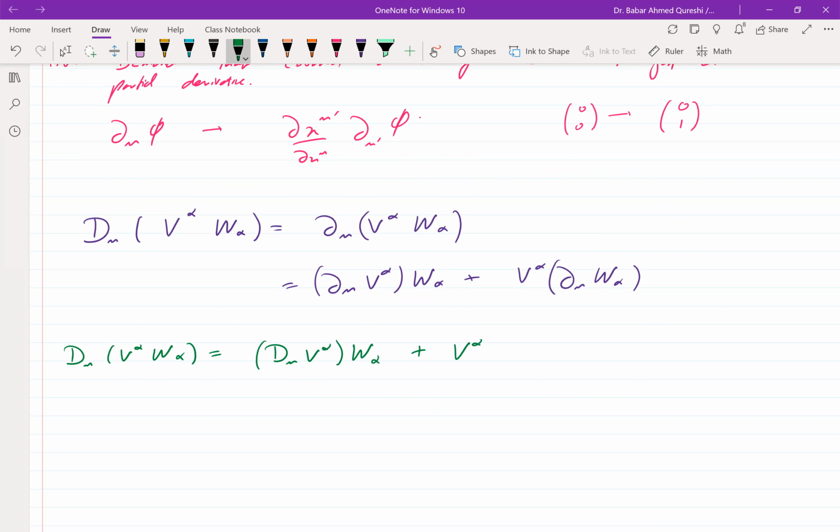V alpha plus the Gamma mu beta V beta W alpha, right? Plus I should have a W alpha here as well. Plus on the other guy, it's V alpha D mu W alpha plus.